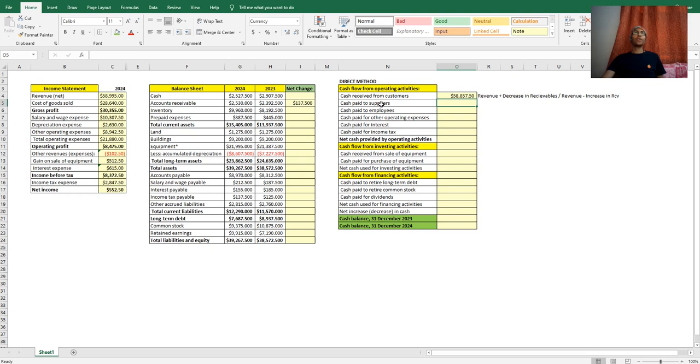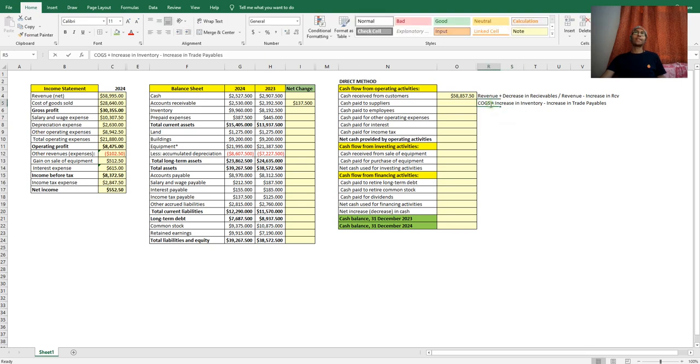Then cash paid to suppliers. This is basically cost of goods sold plus increase in inventory minus decrease in trade payables.